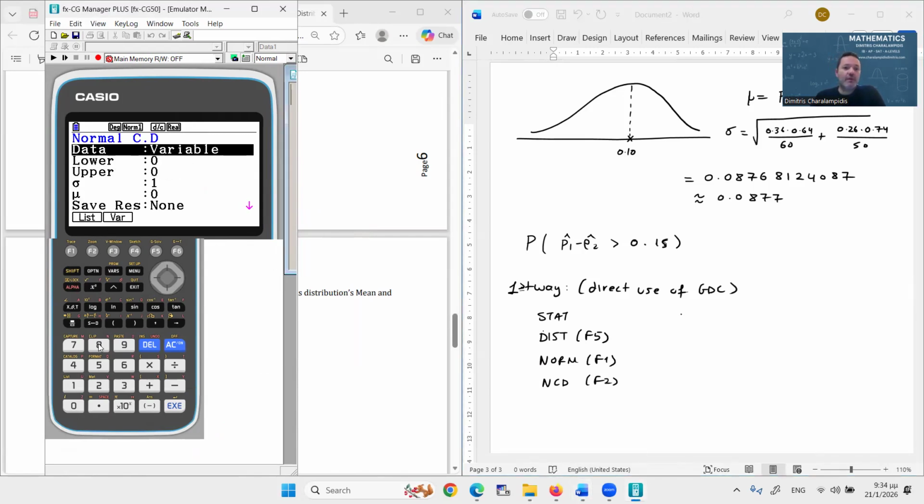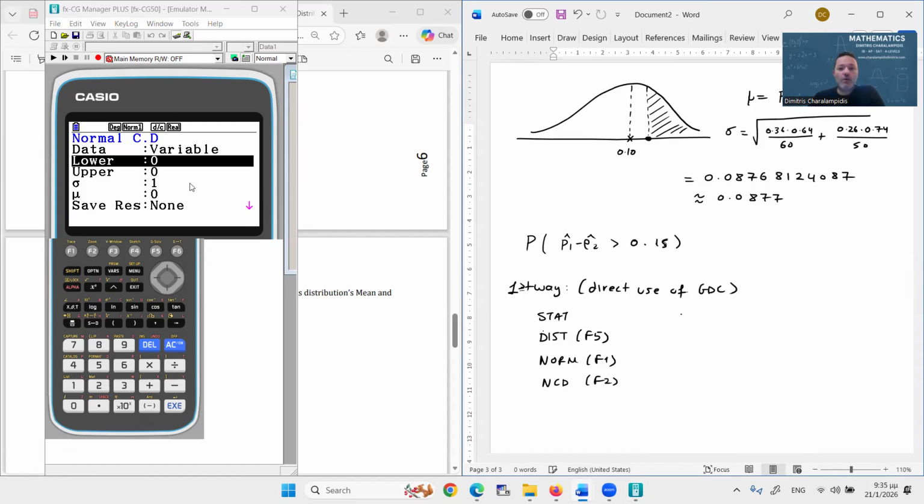The data should be on Variable. For the lower, we need it to be greater than 0.15, so the lower would be 0.15. For the upper, let's put a significantly great number, so 9999999.